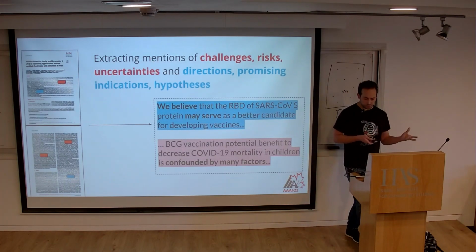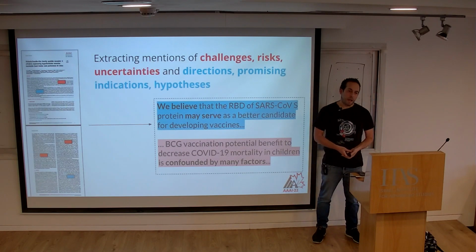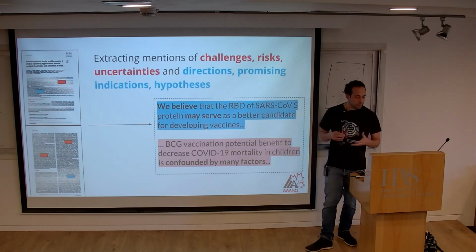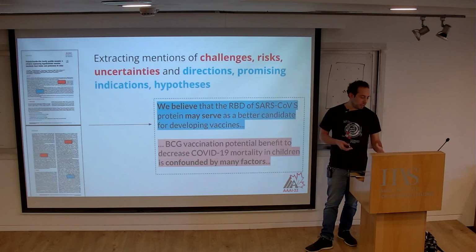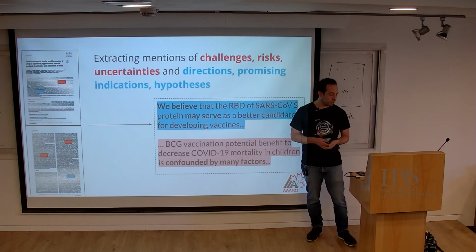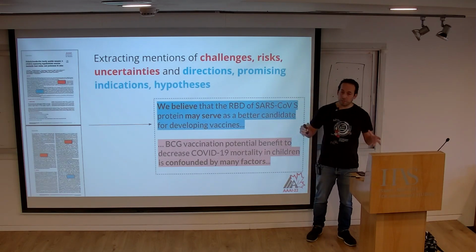For example, this is a kind of hypothesis or early indication that the RBD of the SARS-CoV-2 S protein may serve as a better candidate for developing vaccines. But then you also have a challenge later on that vaccination has potential, but may be confounded by many different factors.